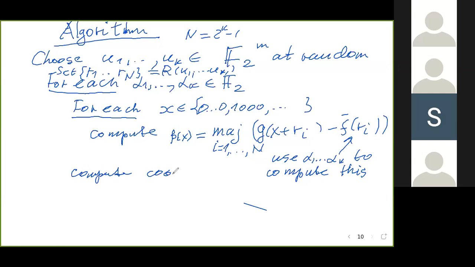Anyway, once we have computed beta of x, we compute coefficients of f from these values. From f of x for x from m.